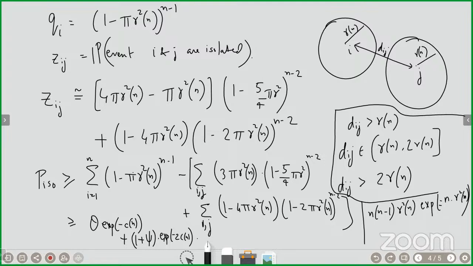For some pi greater than or equal. All I'm doing is just evaluating this expression at r squared n equal to log n plus c n by n. That's what it is. This is what we get.